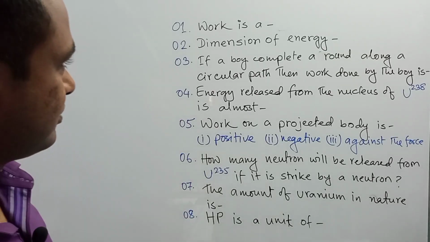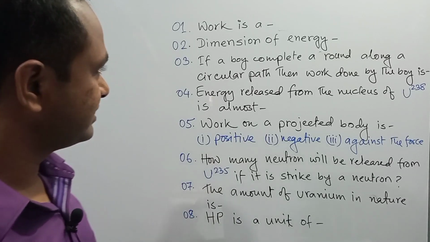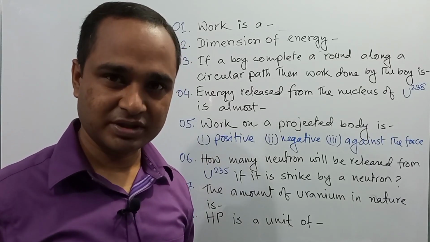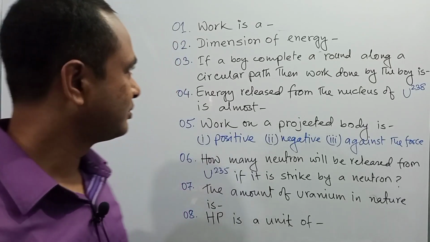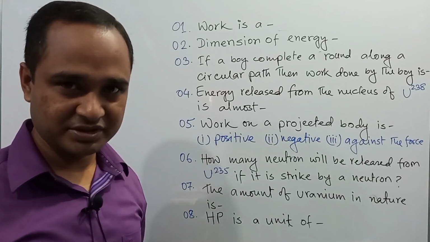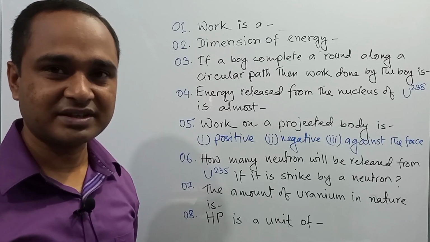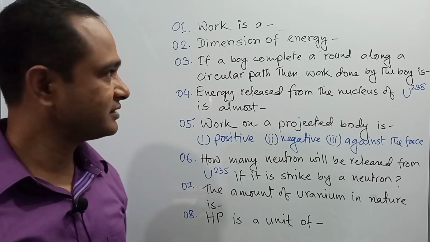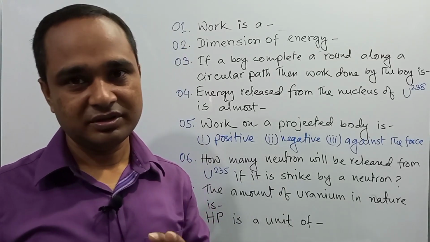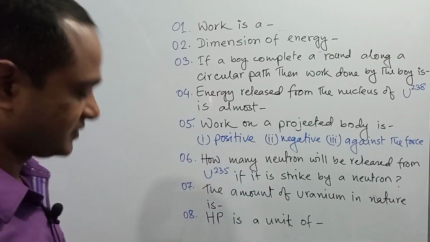First they mention work is a, that is, here you need to mention what type of quantity work is. You know work is a scalar quantity or work is a derived quantity because work depends on force and displacement, right? So work may be a scalar quantity or derived quantity.